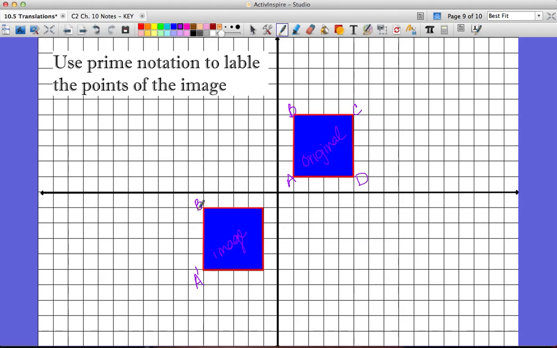And this is still going to be B, but now it's B prime. C prime, D prime. Now we know, without even having to have the words in here, which one is the original and which one is the image or the copy. Because there is no apostrophe here, that tells us that this is the original and the primed one is the copy.